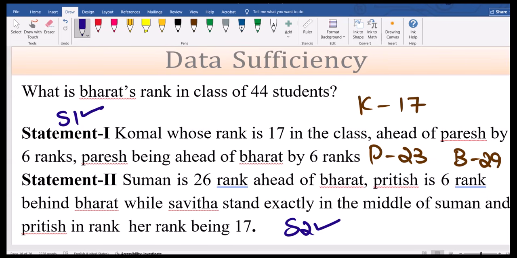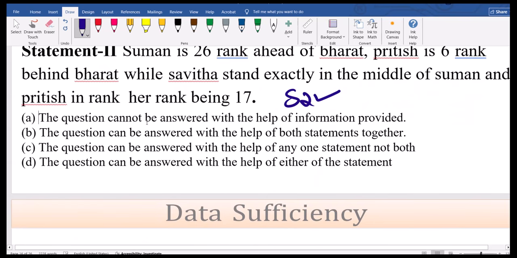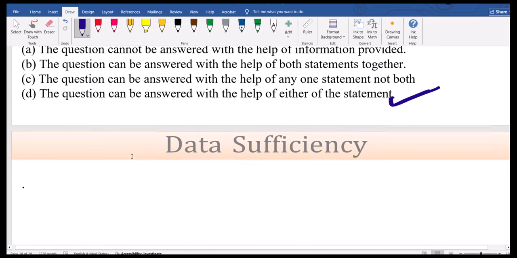Don't worry about the calculations. In fact, statement 1 calculation is also not required. I know Komal, from that I can find Paresh, from that I can find Bharat, because they gave clear clarity of their position. So it's simple. So 1 alone, 2 alone, what should be your answer? Either one of the statements, so not one of the statements, either.